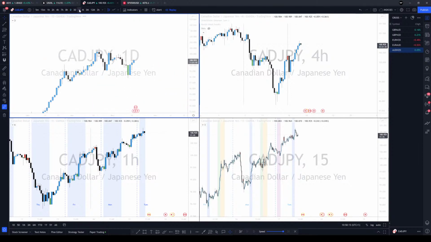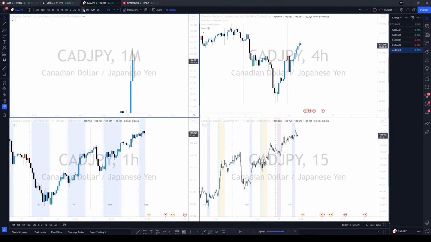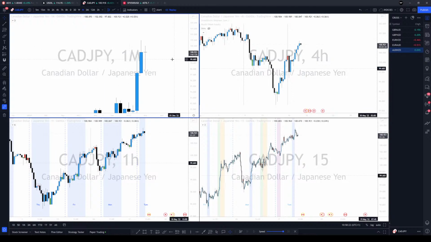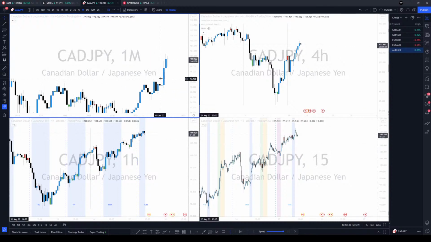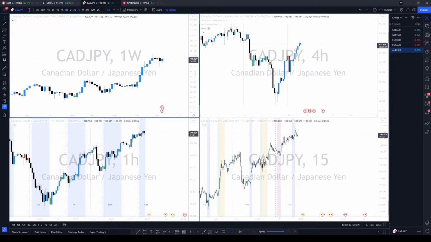Cardian, let's go to the weekly time frame. Monthly. The monthly is bullish. Let's look at the weekly.